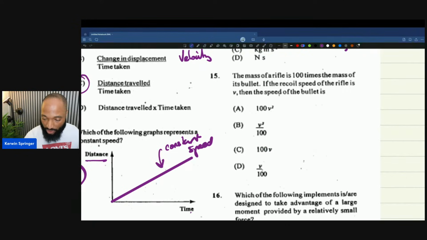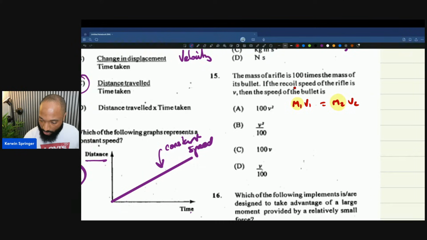You can actually work it out. I'll just do the long way and show you. M1V1 must be equal to M2V2. Let's say M2 is the mass of the bullet, M1 is the mass of the rifle, V2 is the speed of the bullet.